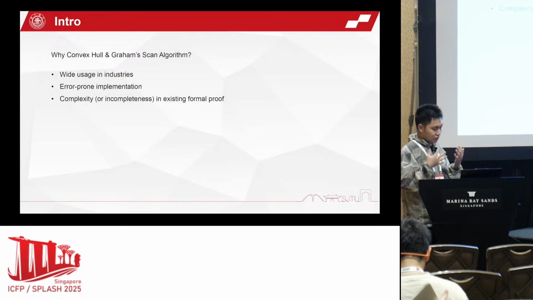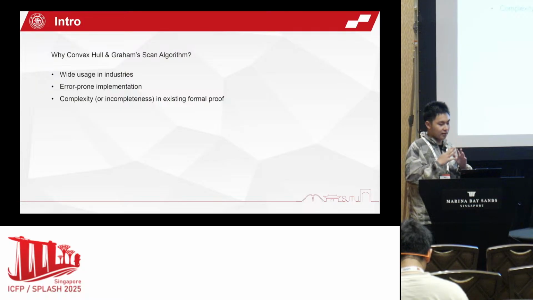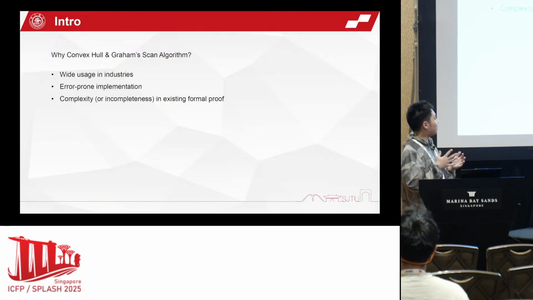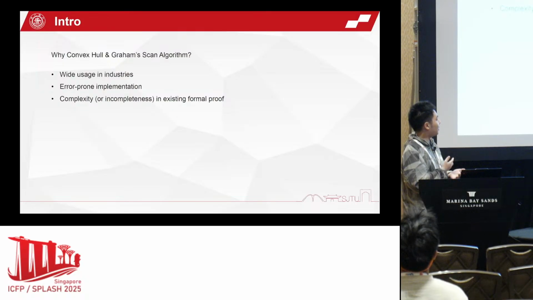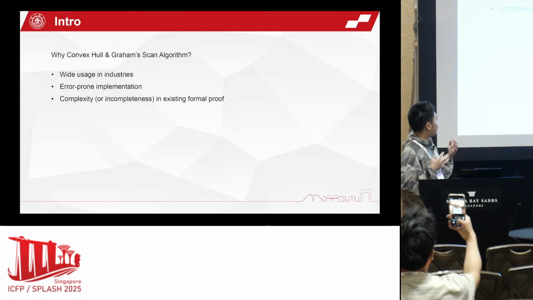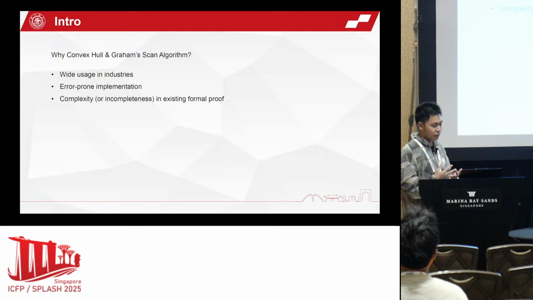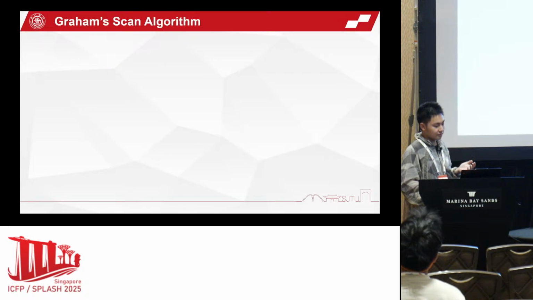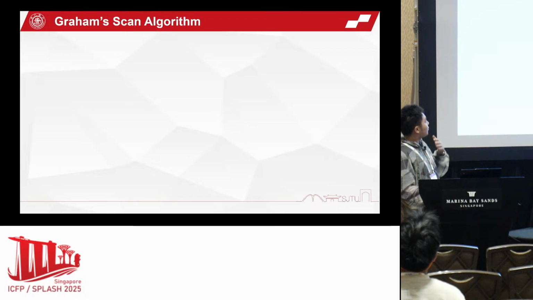It also has error-prone implementations in programs where, in edge cases, we might produce false convex hulls, and there is also the complexity in existing formal proofs, which are embedded with some topological properties and hard for humans to understand.